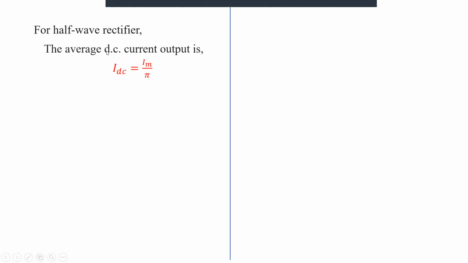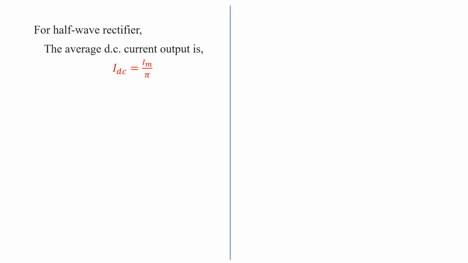For a half wave rectifier, the average DC current output, taken across the resistance, is basically the mean value of the current, given by IDC equals Im divided by pi. That means only the positive half cycle is taken as output. A complete cycle, 360 degrees, is represented by 2 pi, but only half a cycle is taken as output in the half wave rectifier.